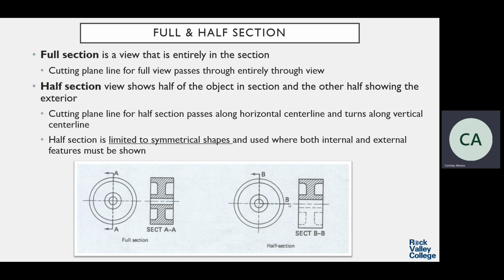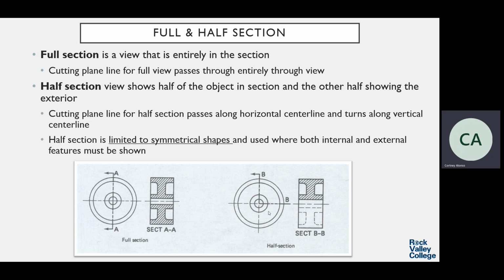You can see here that there is no arrow on one side. You have one arrow showing my view, and the line going to the right with no arrow. That's telling you the other part is a half section: half is a section view, half is the right side view in this case. Half sections are limited to symmetrical shapes.